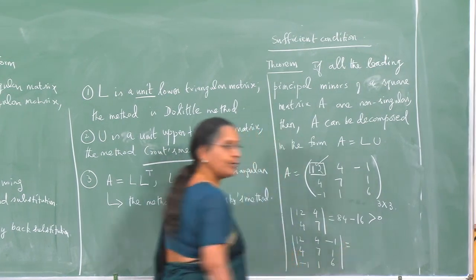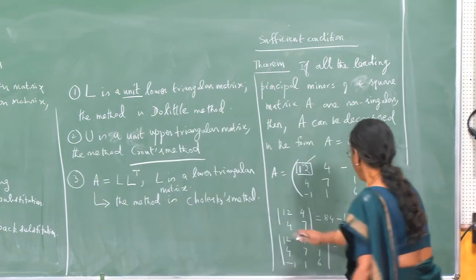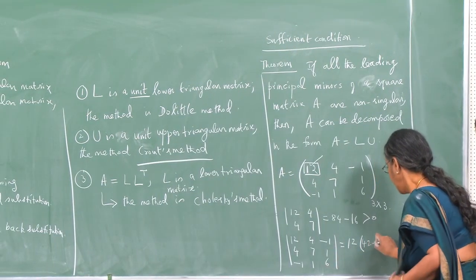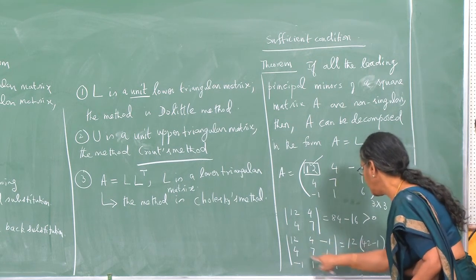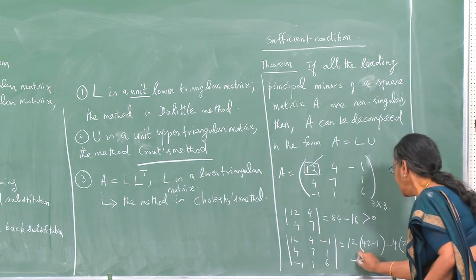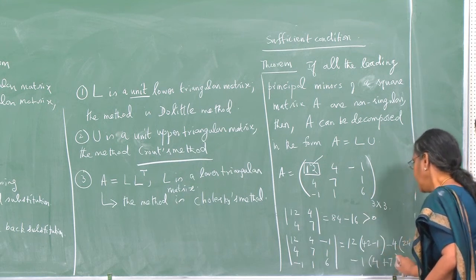So, let us evaluate the determinant. That gives you 12 into 42 minus 1, minus 4 into 24 plus 1, and minus 1 into 4 plus 7.